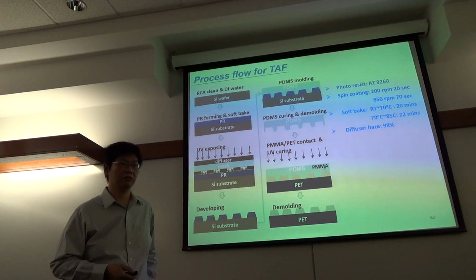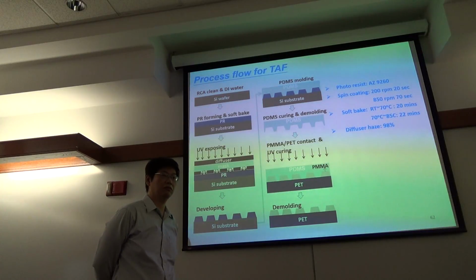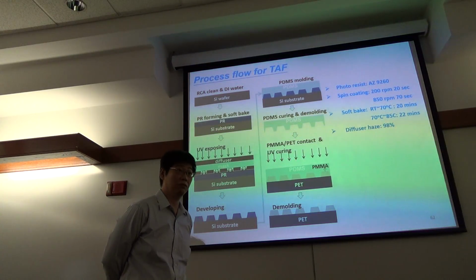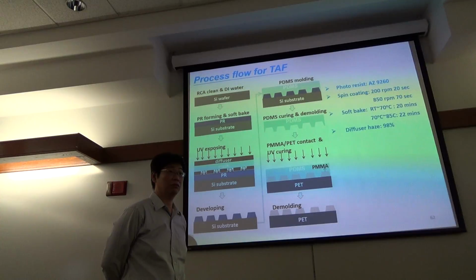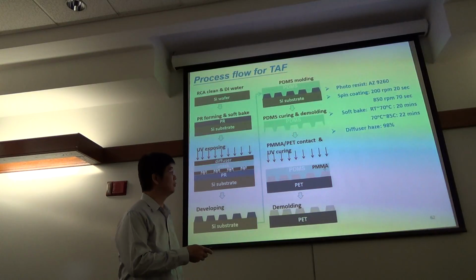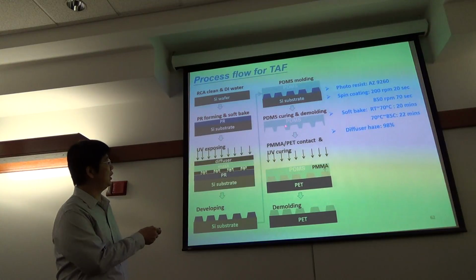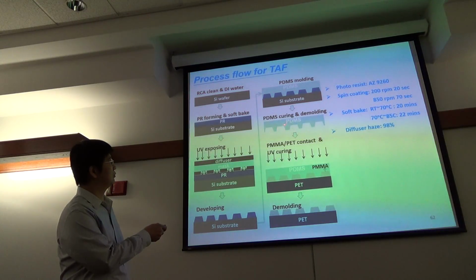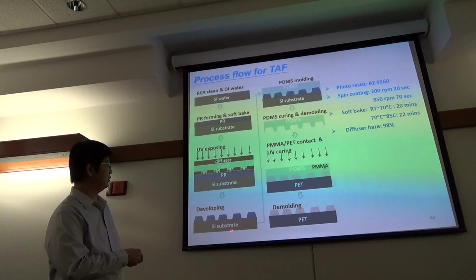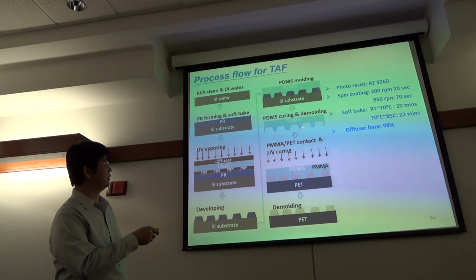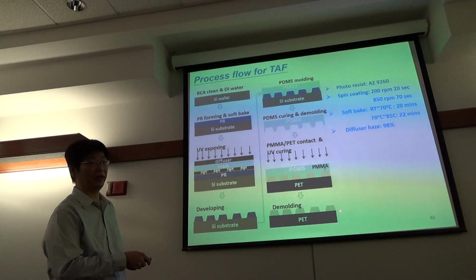Can we fabricate the trapezoid structure reversed like this one? Because for the top is short, the bottom is longer. Can we reverse the structure? Yes. We fabricate the photoresist on the silicon first, and we can transfer to the reverse one, then transfer it back.